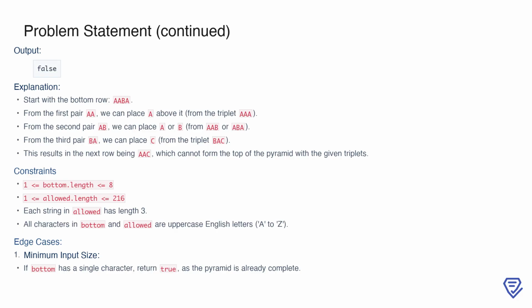Finally, the pair BA allows us to place C using the triplet BAC. This gives the next row as AAC. However, this row cannot transition to a valid single block at the top using the given triplets. Since there is no way to build the full pyramid, the output for this example is false. This highlights the need to carefully explore all possible transitions to determine if the pyramid can be completed.